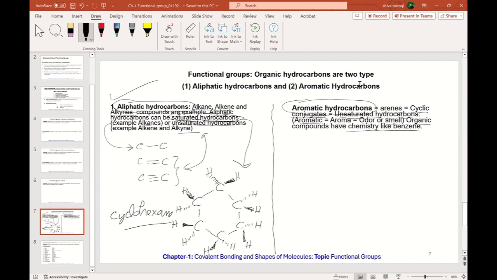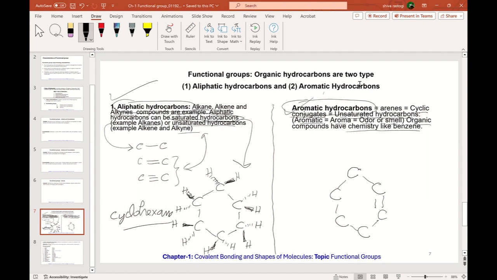And versus the aromatic compound. So what is the difference between this and this? So here we have carbon, carbon, carbon, and another carbon, another carbon, another carbon. And you can see they are all single bonded. And here in case of aromatic, we have a double bond.